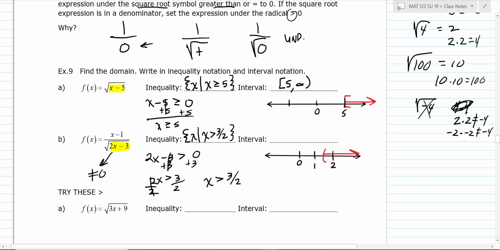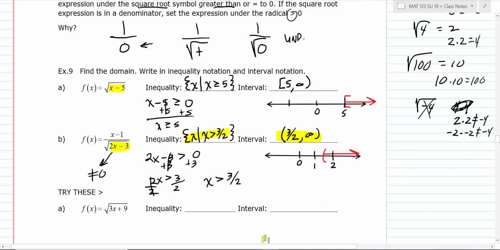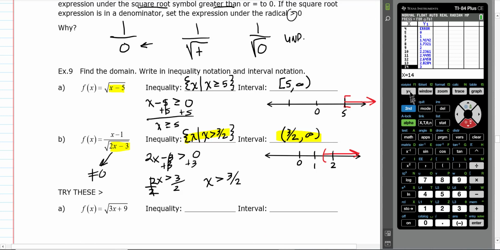So the graph goes like that. So in interval notation, you would just say 3 halves to infinity. Okay, so that's how that goes. You can put that in the graphing calculator and you would just see a graph existing only when you're bigger than 3 halves.